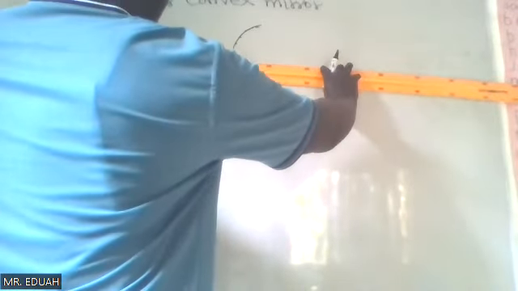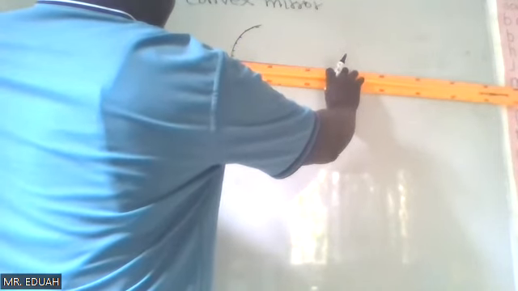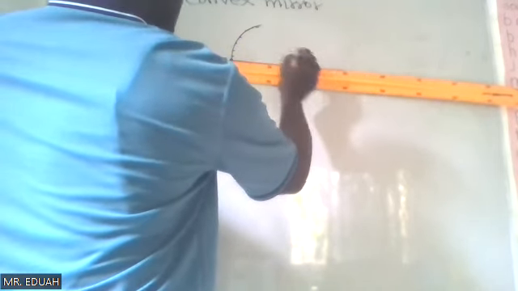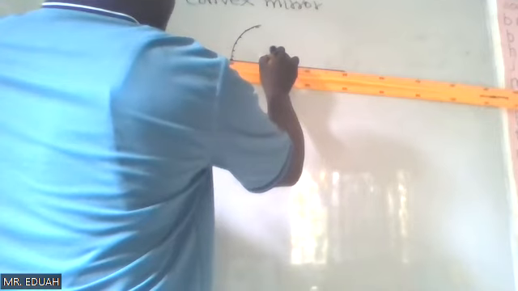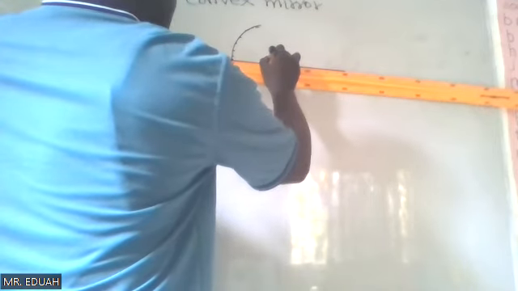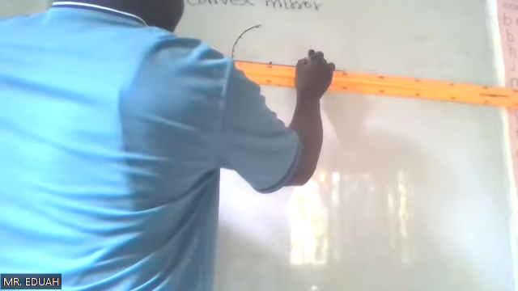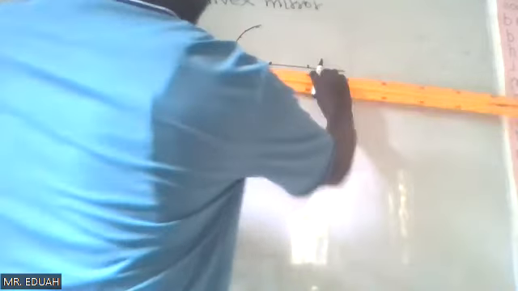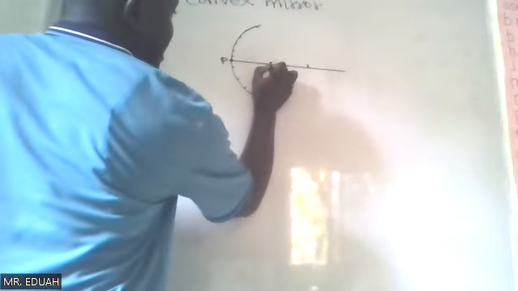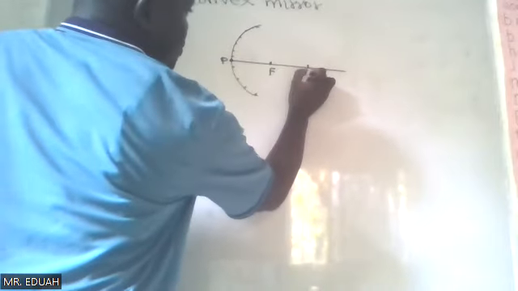So F and R: I'm taking 10 for F and so 20 for R. This measurement is very important. F is virtual. So is C.